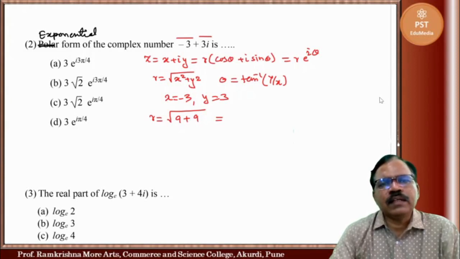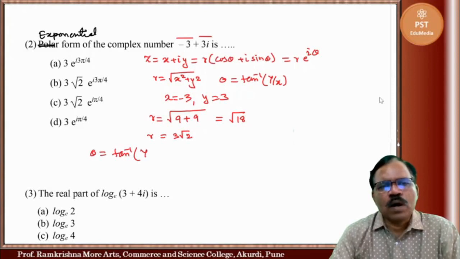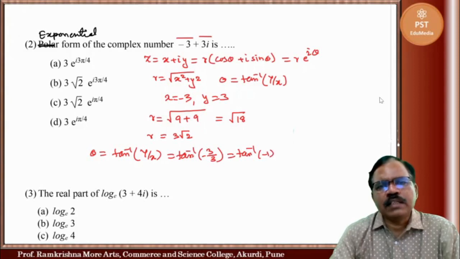So you will get here root of 18, that is 3 root 2. So this is r, and theta is equal to tan inverse y by x. So it is tan inverse 3 divided by minus 3. So we'll get tan inverse minus 1, that is 3 pi by 4.